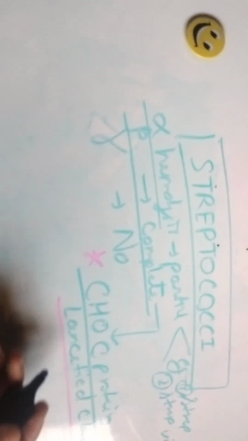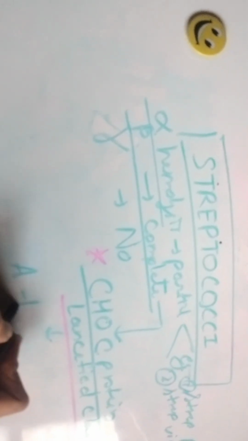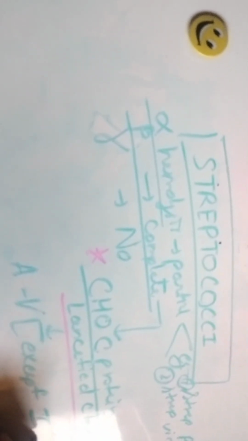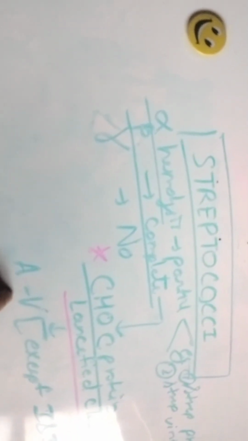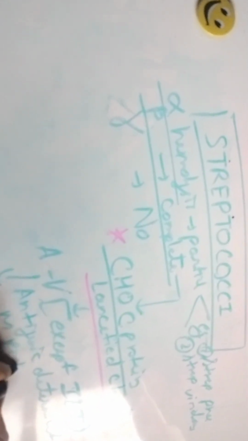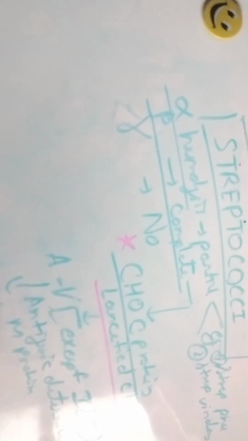Then in Lancefield there are types A to V, except I and J. Then on the antigenic determinant M protein, there is another classification called the Griffith classification.